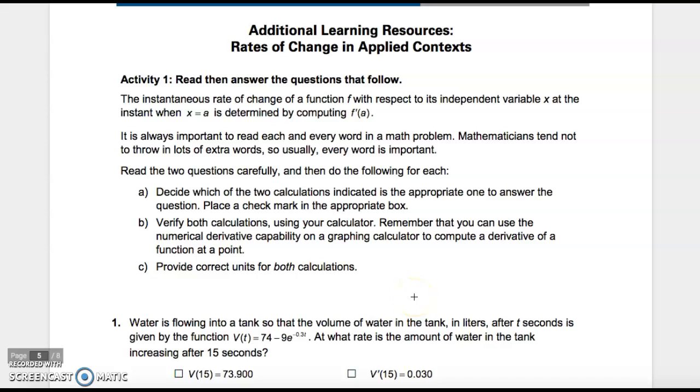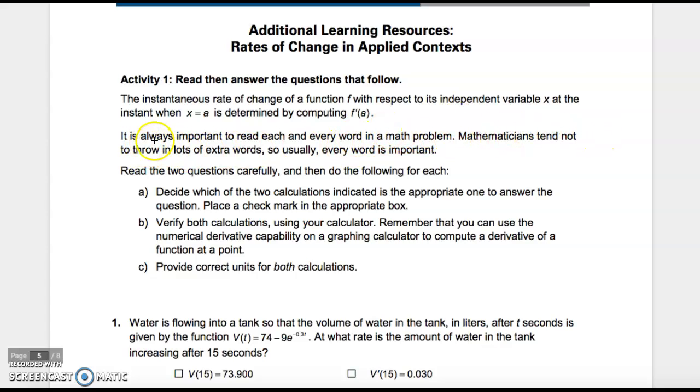Okay, so we're going to go through some of these additional learning resources. They're not 100% necessary, but it's helpful, right? So basically, the instantaneous rate of change of a function with respect to its independent variable is determined by computing its derivative, right? It is important to read each and every word in a math problem.